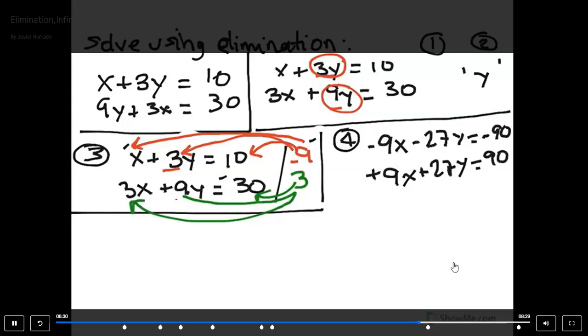Right, so that was step 4, and step 4 is done.